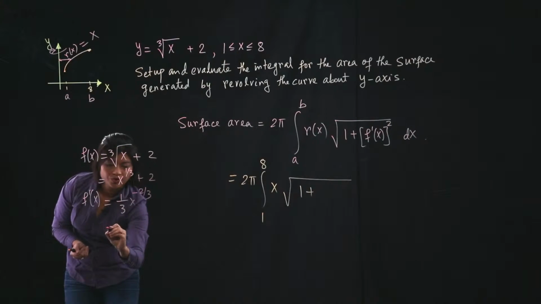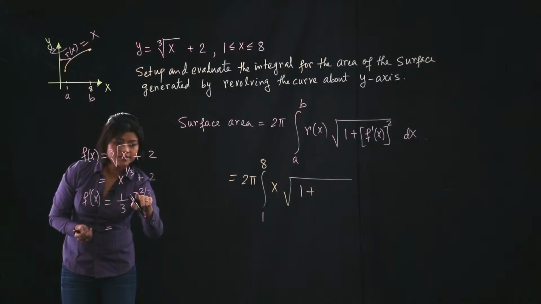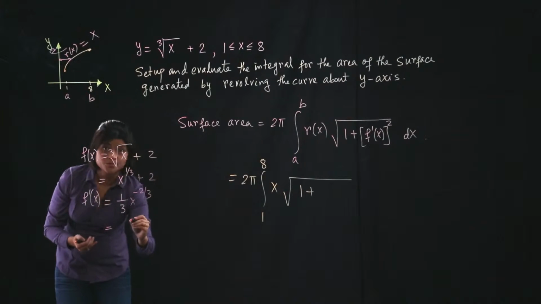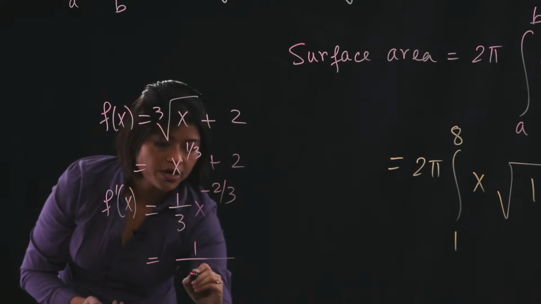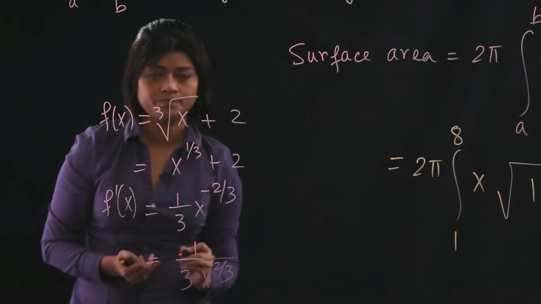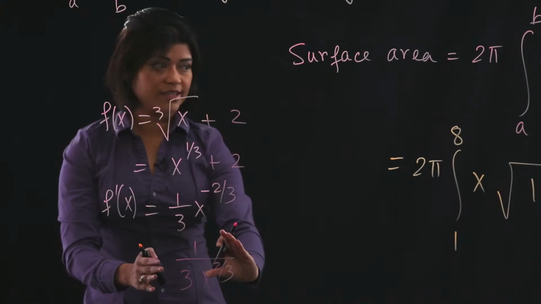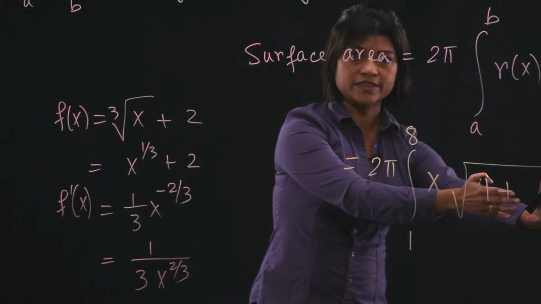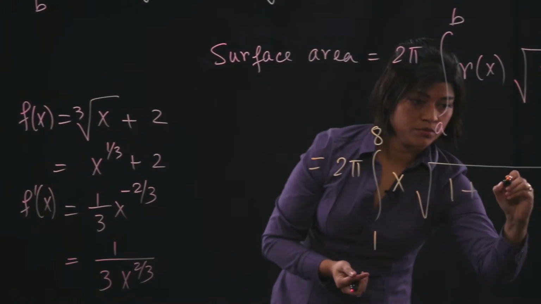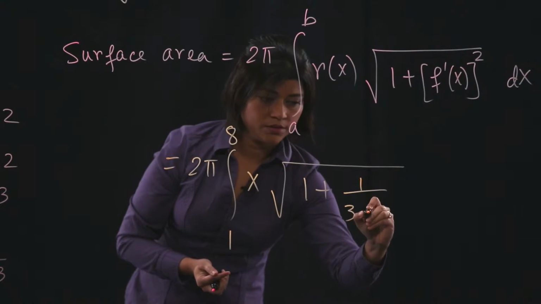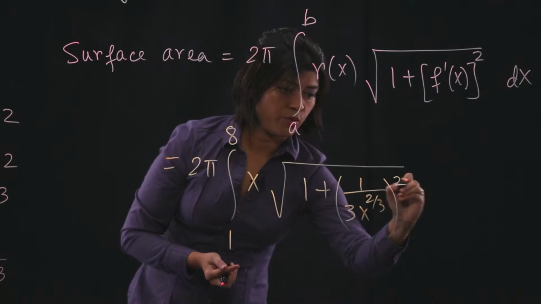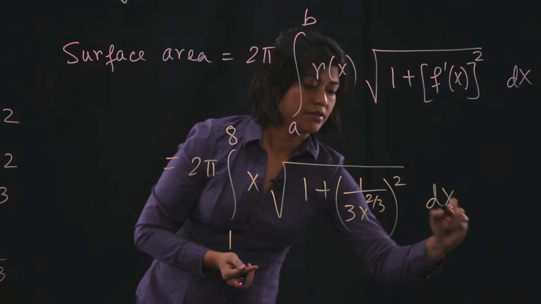If you want, rewrite it as, see, x has a negative exponent, so bring it in the denominator and make the exponent positive. So 1/3 times x to the 2/3. Okay, so this is the expression that we will put inside the integral and square it. So you will have 1/3 times x to the 2/3, squared, then dx.